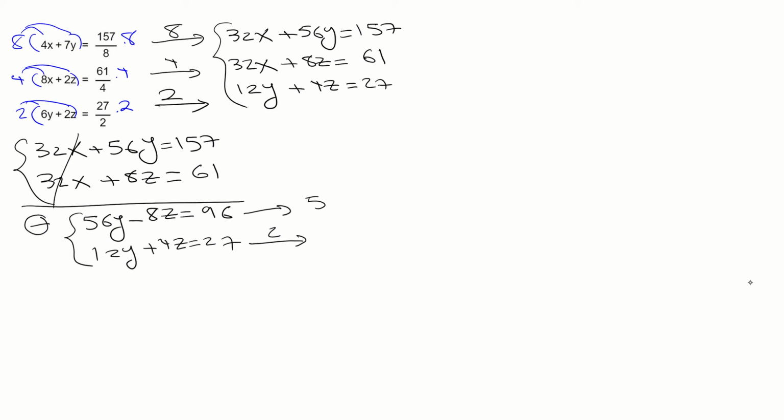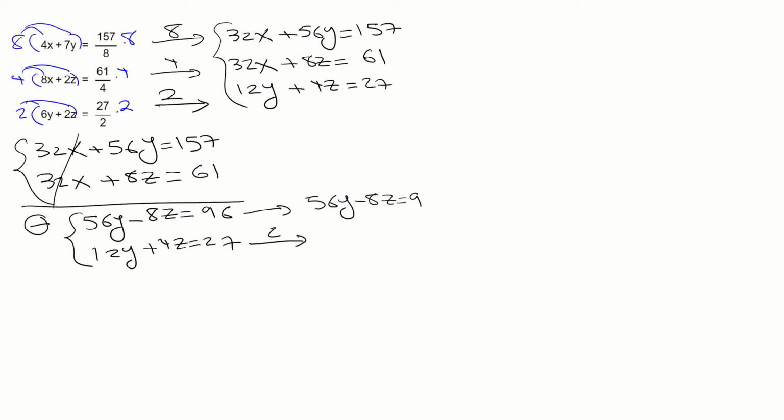So we leave the first equation alone, 56y minus 8z equals 96, and we go ahead and multiply the second equation by 2 on both sides. And don't forget that when you do so, you have to distribute.